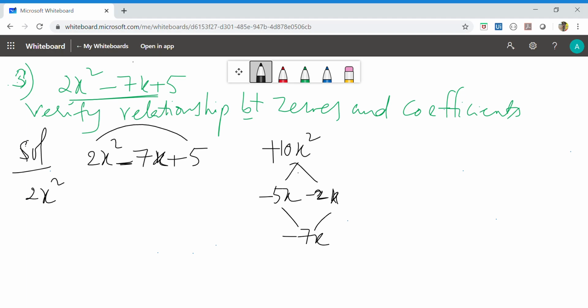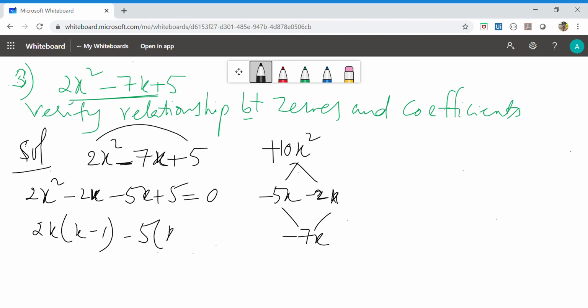So 2x square minus 2x I am writing first, and minus 5x plus 5. To get the zeros, equate to 0. 2x common, x minus 1, minus 5 common, x minus 1 is equal to 0. Taking x minus 1 as common, 2x minus 5 is taken out, is equal to 0.